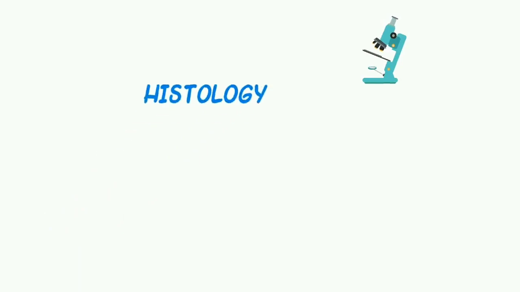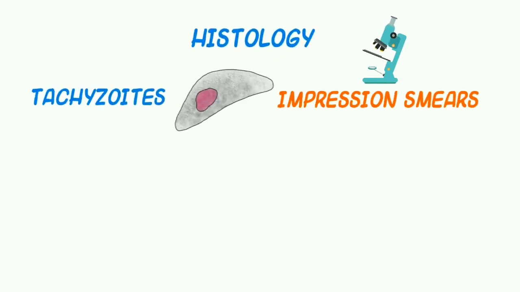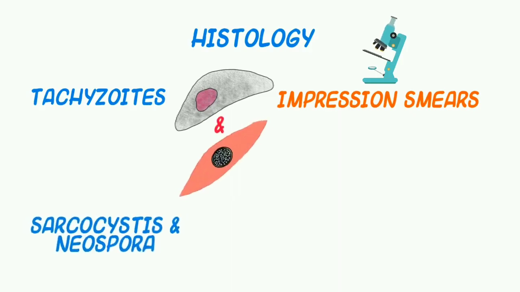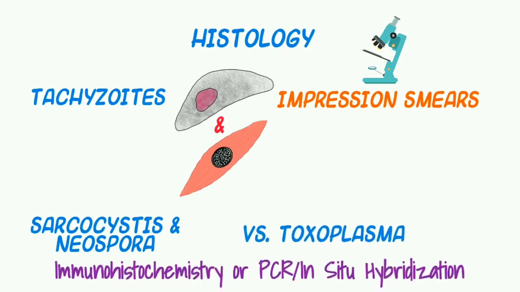To confirm toxo in an animal after death, tachyzoites may be shown with impression smears, and microscopic examination of tissue may reveal the presence of tachyzoites or bradyzoites. The biggest issue is differentiating Sarcocystis and Neospora species from Toxoplasma, but generally immunological and molecular genetic techniques are required to make this distinction.